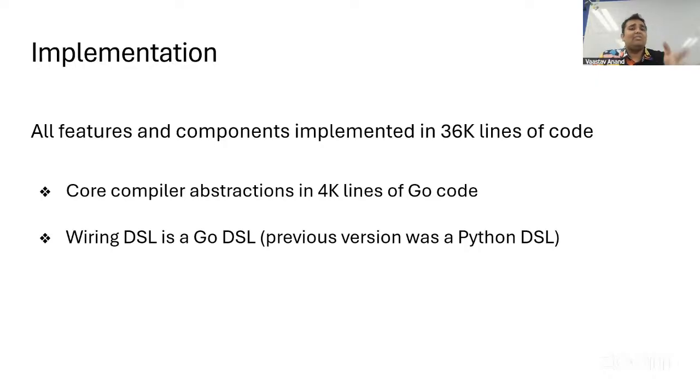Out of these, 4,000 lines of code represent the core compiler abstractions, while the rest are either plugin implementations or application implementations. The wiring domain specific language is essentially just normal Go with some restrictions on how the wiring specification is used.